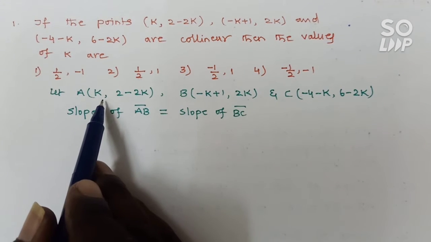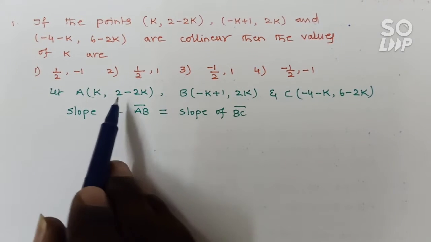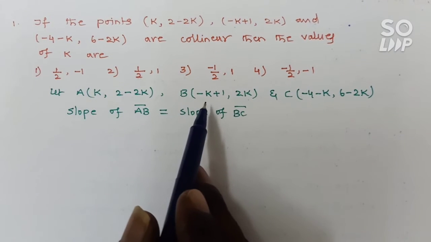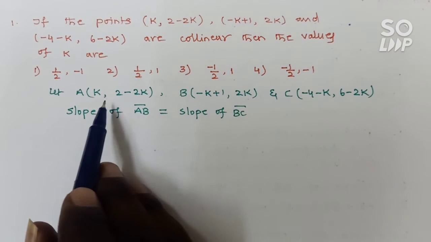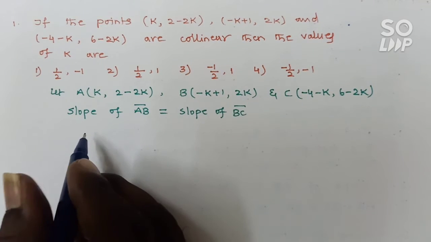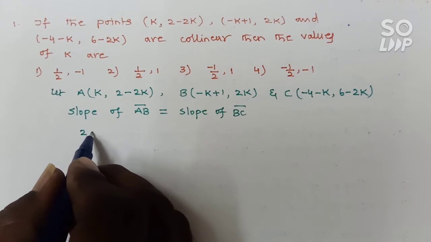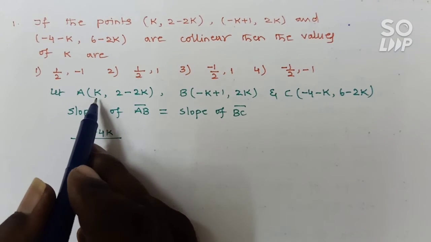Now we know that the slope of the line segment joining the 2 points (x1, y1) and (x2, y2) is (y1 minus y2) divided by (x1 minus x2).